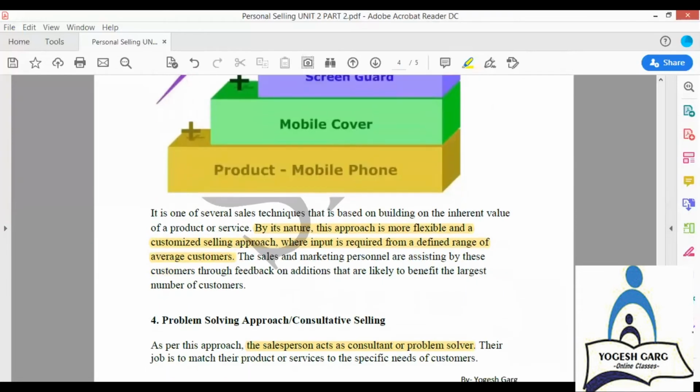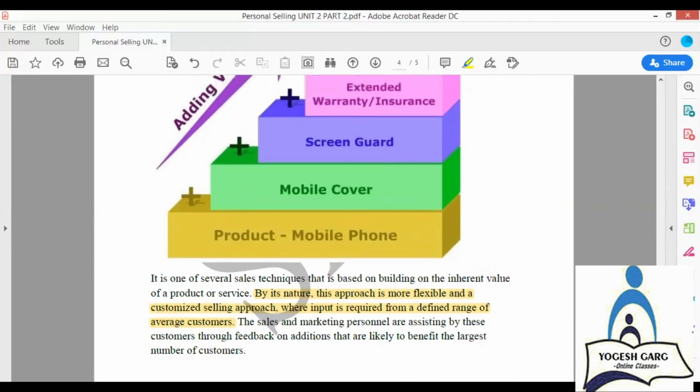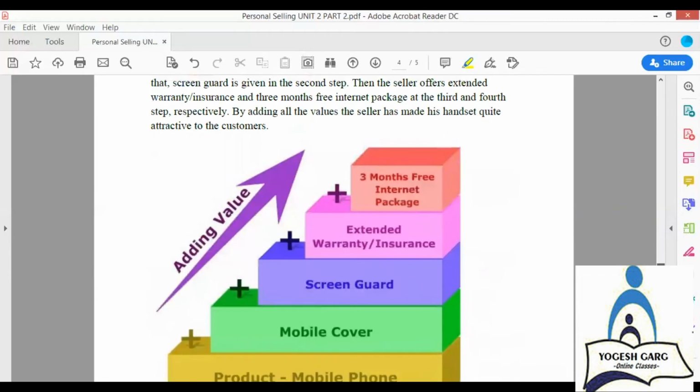But if it is free, it can add to positive feedback from the customer for the company generally, and it will help to retain the customer. For example, with the entry of Jio, many mobile networks got their stake down, because they were not able to meet the competition level.